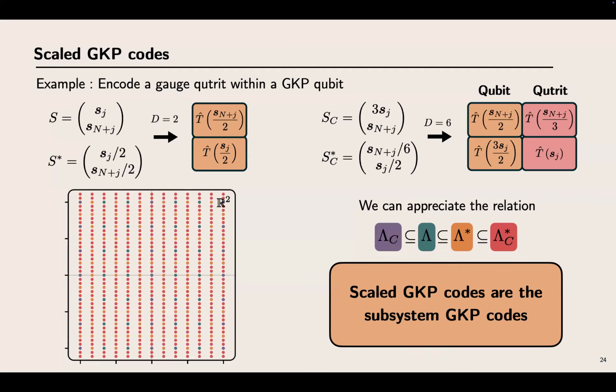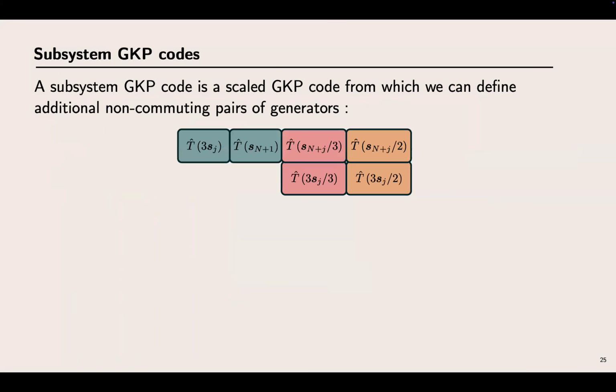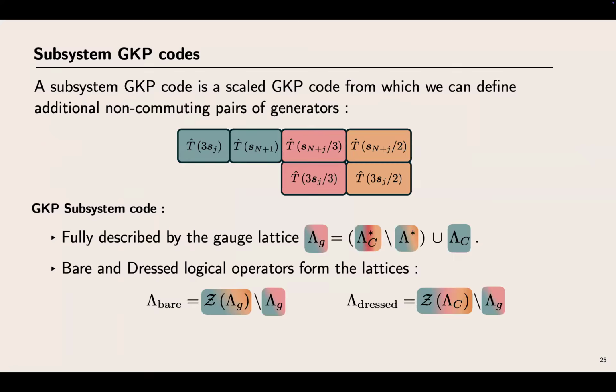And so these are exactly what we were looking for, gauge qubits in the case of GKP codes. They are just codes that are scaled, in which we can encode more logical pairs, right? And so I can define a gauge lattice, a different kind of logical operator on these codes. And of course, distance.